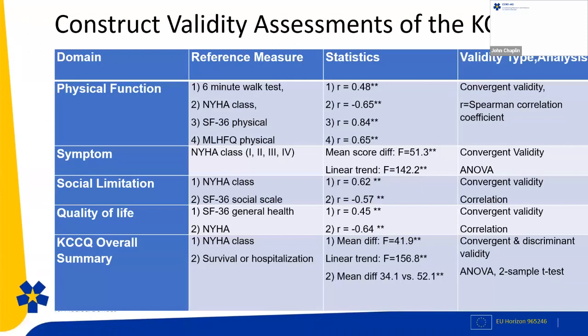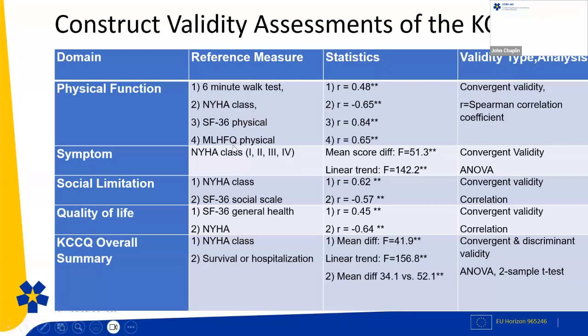If we look just briefly at the sort of evidence that was provided in order to qualify this measure, you see on the left-hand side the domains, and then the type of validity that has been used in order to confirm the qualification of these measures, so convergent and divergent validity.